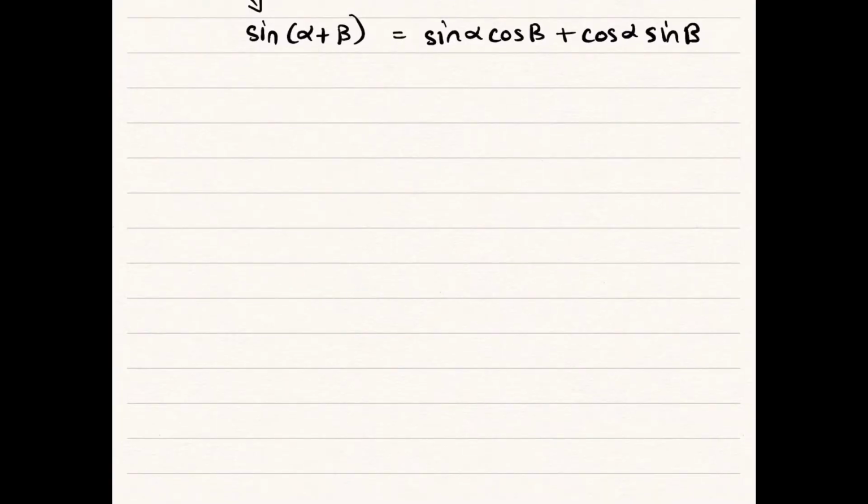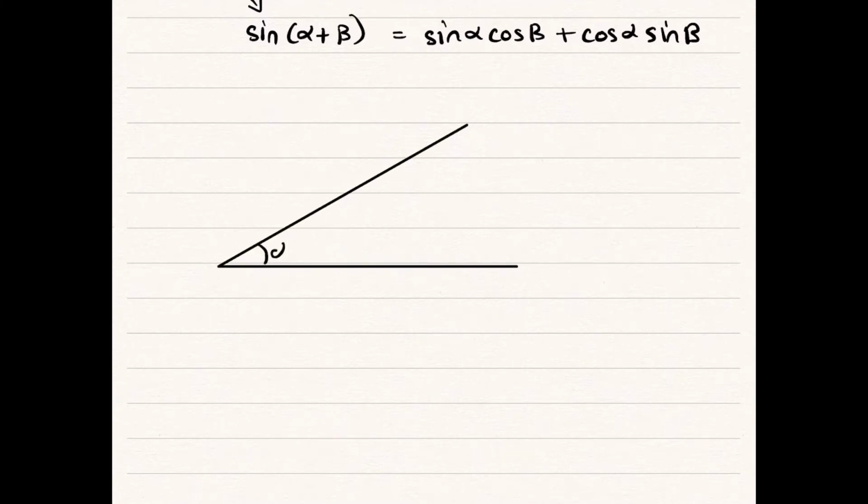So here is a diagram which we will be requiring to prove it. Let's draw the base first. Here's the base, and I construct an angle alpha and another angle beta. From here we drop a perpendicular to our base and another perpendicular here and another perpendicular.